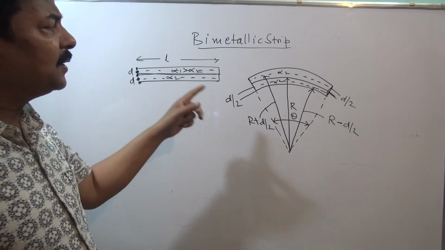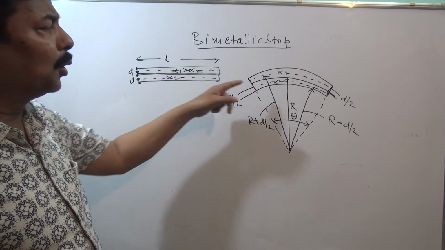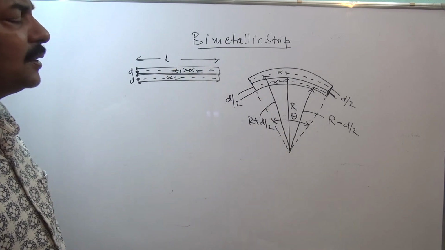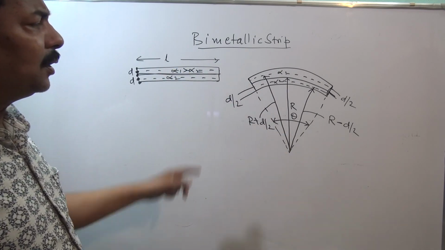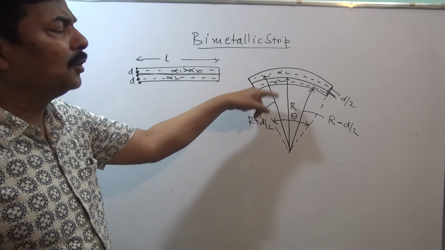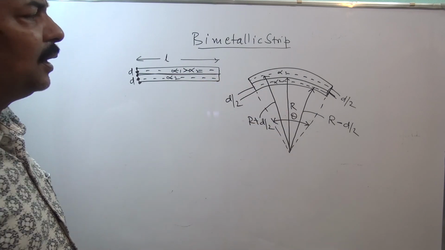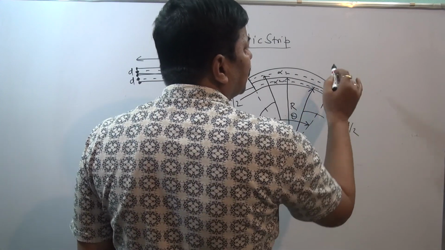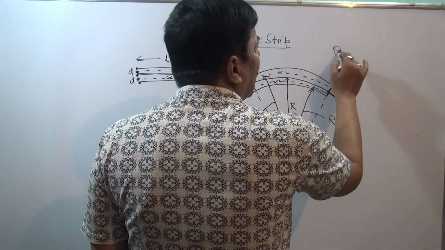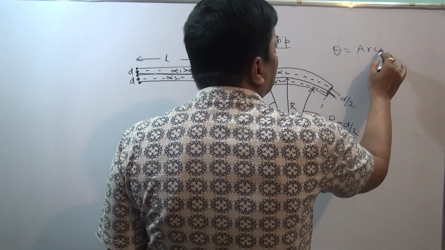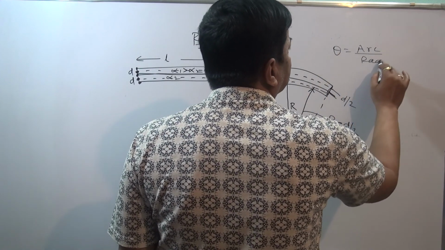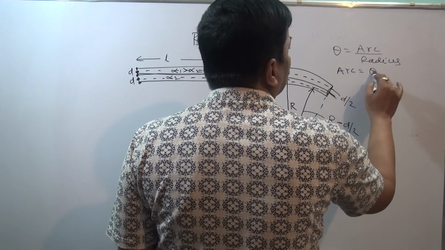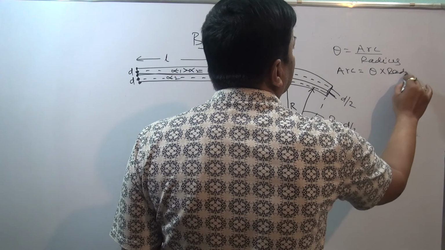Here the initial length, we already know both rods have initial length L. In order to find the value of r, I will use the relation from mathematics: angle theta is equal to arc by radius. So arc is equal to theta into radius.